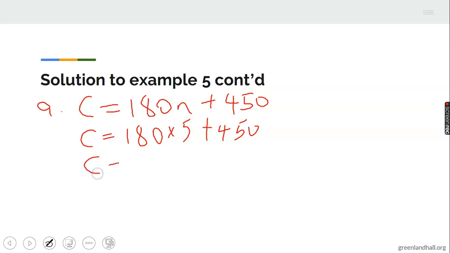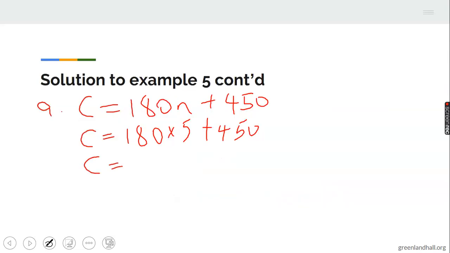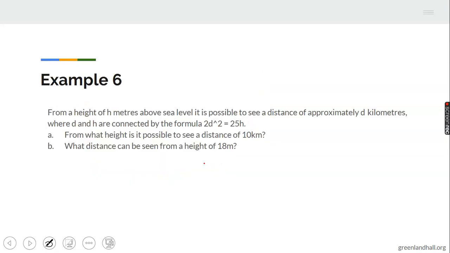That will be the cost of 5 people. That will be 180 multiplied by 5. That should give us 900. Is it in naira? Okay, it's in dollar. We have 1,350. This is 900. Yes, that's correct.